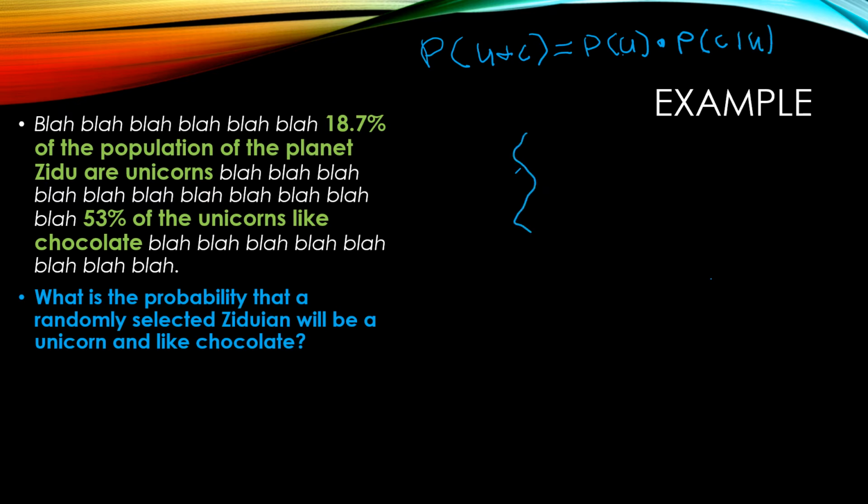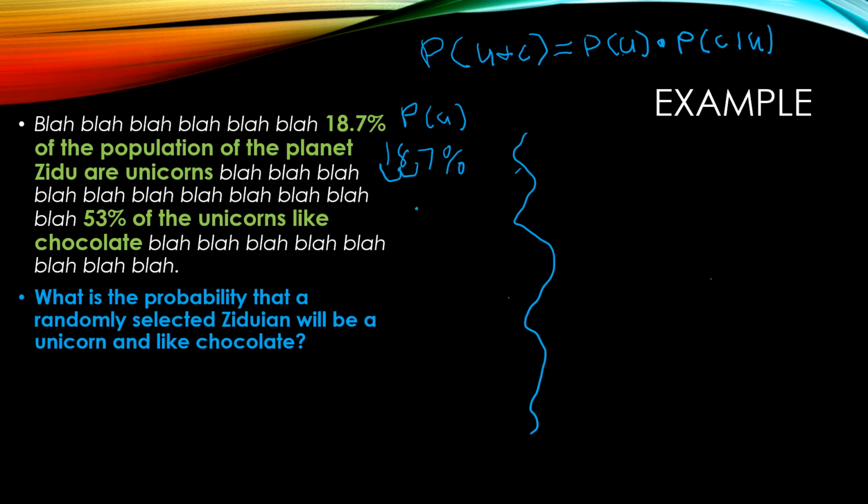So I like to make reference boxes. 18.7% of the population are unicorns. So 18.7, and that's our probability for unicorns. And we need to change this percent to a decimal. So we just move the decimal place 2 places to the left or divide by 100, whichever makes more sense.